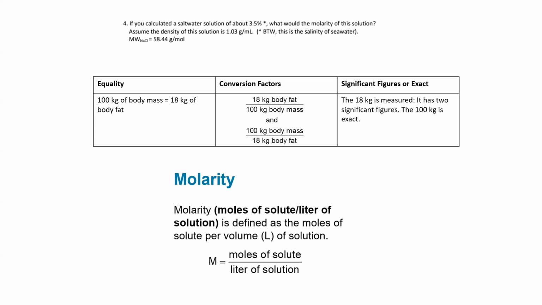So we're starting with our 100 grams of solution, and we can use the density to convert to milliliters of solution. We take our 100 grams of solution and divide by 1.03 grams per 1 milliliter. Then just remember that there are 1,000 milliliters in a liter. Make sure to use that to get to the final liters of solution in the denominator.